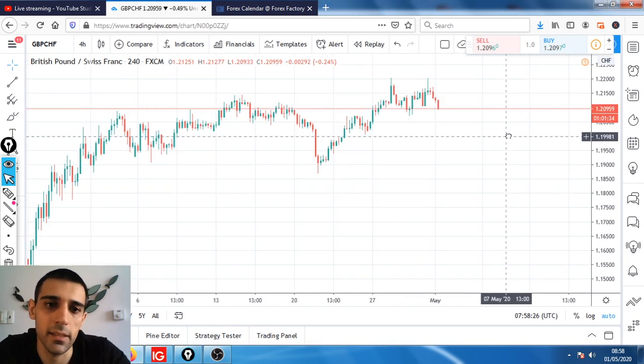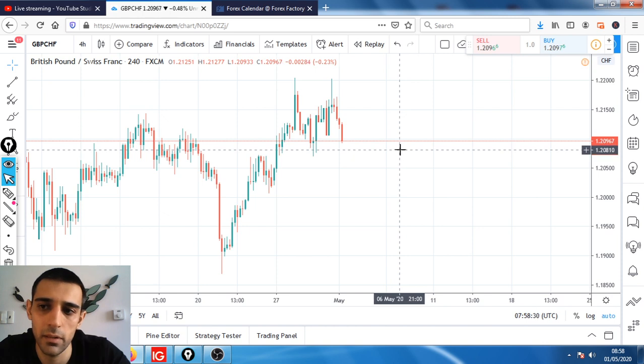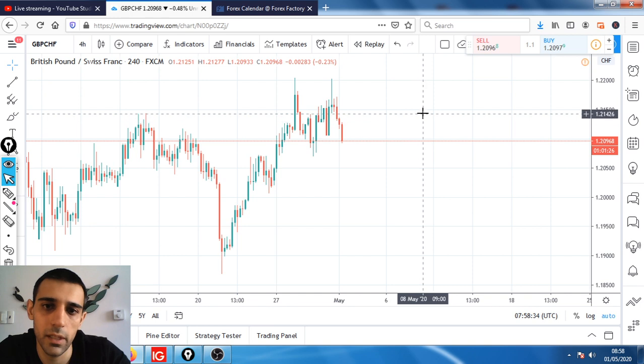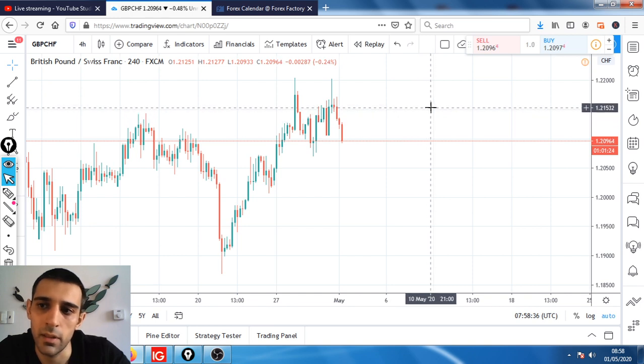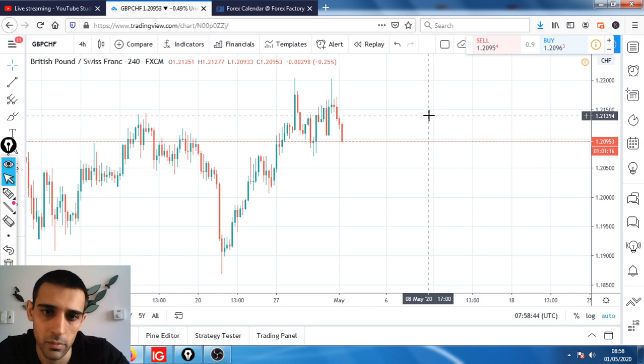And the target. Let's see the target. If the price comes down here to 85, it should come up to here. So the target is going to be around the 121.50 zone. Actually, wait, we have this one as well. No, actually 121.40, not 50, forget about it. So 121.40.